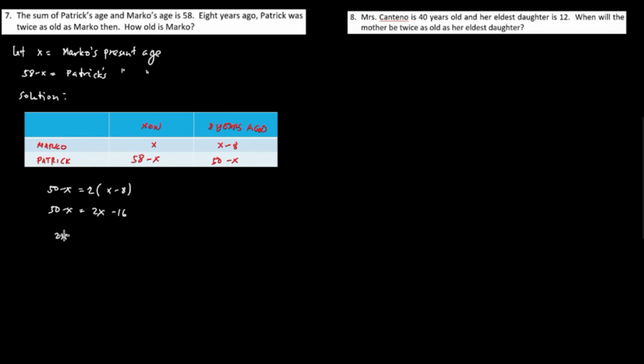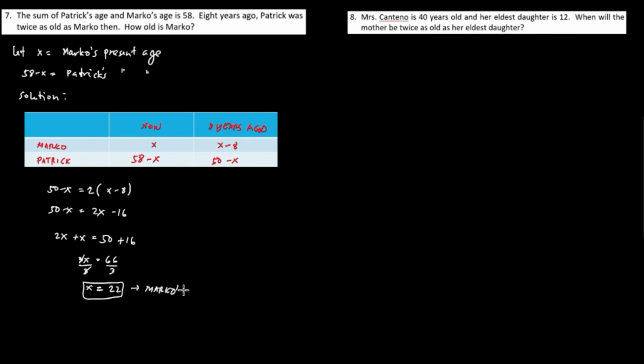And 2x transpose negative x to the right side or plus x is equal to 50, negative 16 transpose to the left side or positive 16. 2x plus x or 3x is equal to 50 plus 16 or 66. And we divide everything by 3 and cancel out 3, so x is equal to 66 over 3 is equal to 22. And x is equal to 22, which is the age of Marco.